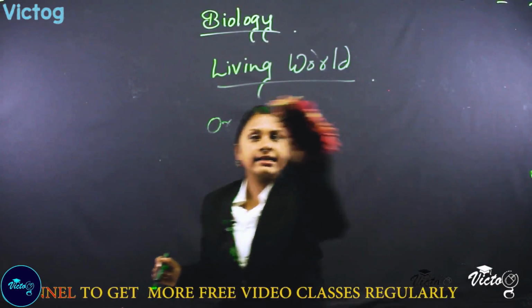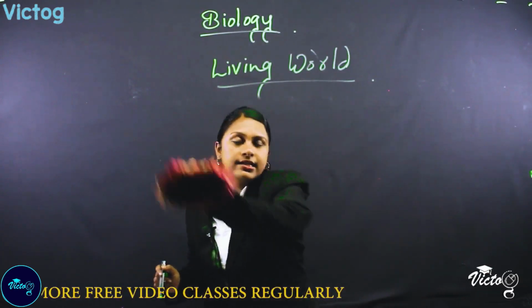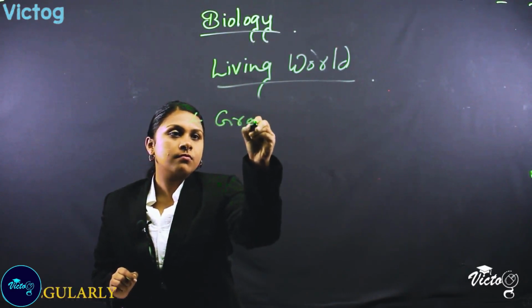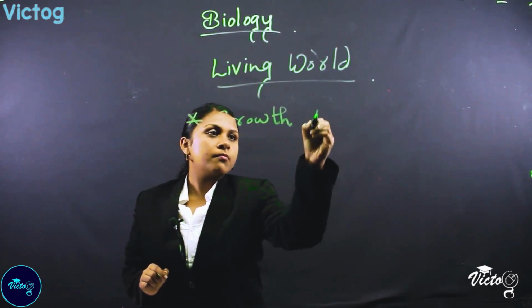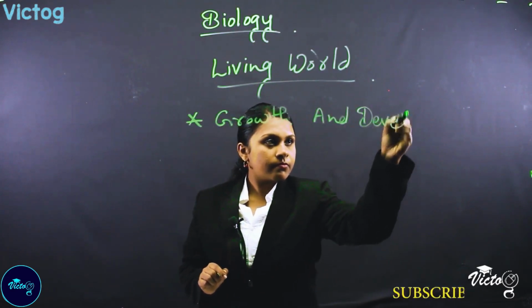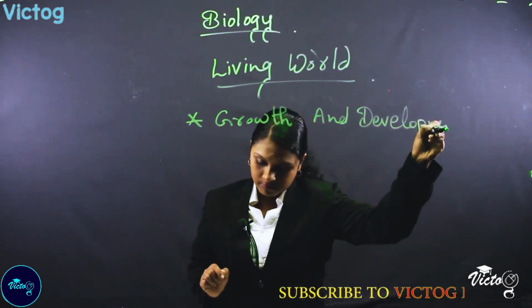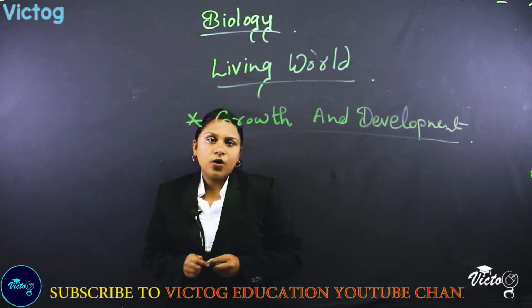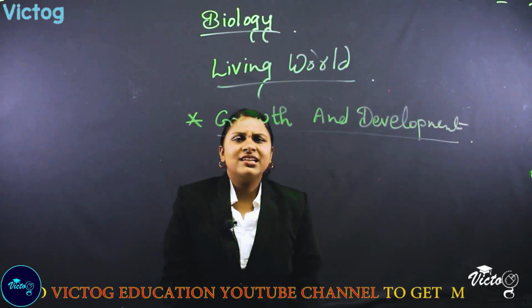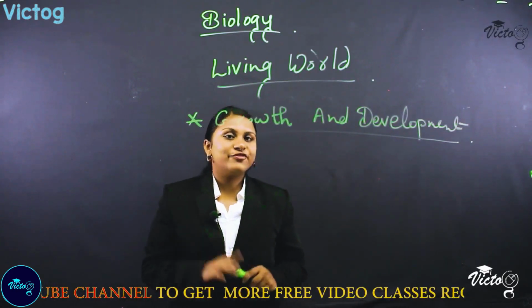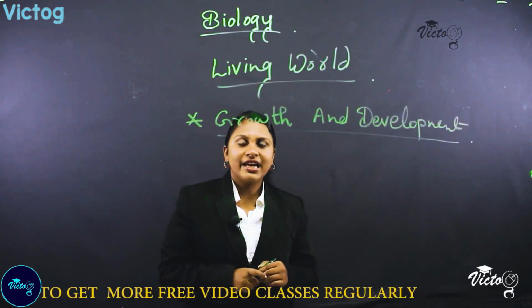Now our third characteristic of living beings is growth and development. These are important characteristics of living beings. Now, you have seen many times that sand powders grow. Then what is the difference between the growth of non-living and living beings?